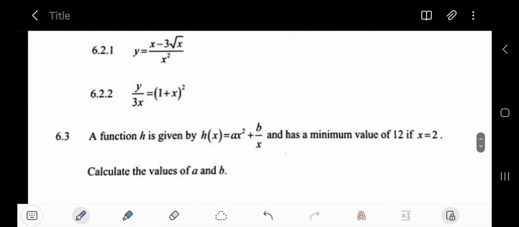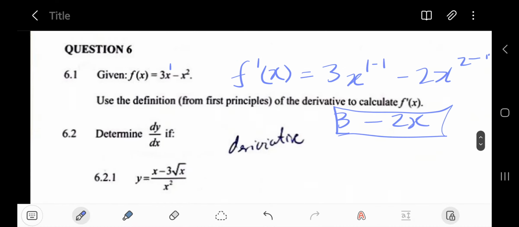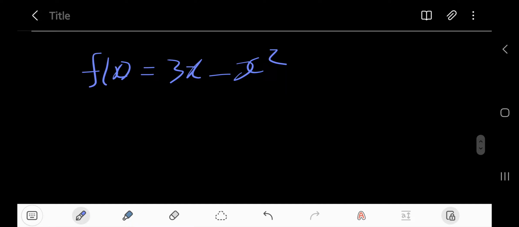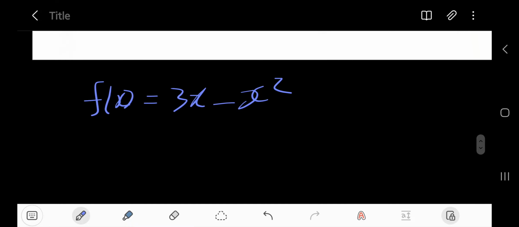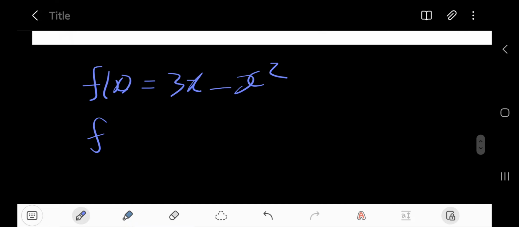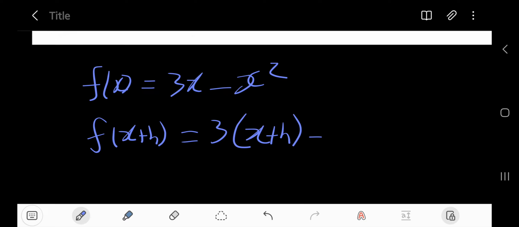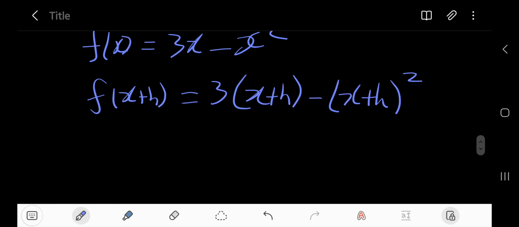So let's go, let's just write it down here. We have f of x equals 3x minus x squared. Now we understand that we need f of x plus h from first principles. So f of x plus h is equal to, wherever x is, we replace with x plus h. Let's go x plus h here, minus x plus h all squared. So let's expand.